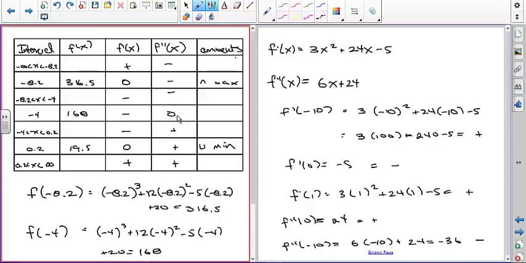And then here, where it's 0, we go from concave down to concave up, so we have a change in concavity. So this is a point of inflection from that information. So again, we use the second derivative test here to figure out whether this is a minimum or maximum. Second derivative test, or we could have used the first derivative test, increasing to decreasing, same thing.